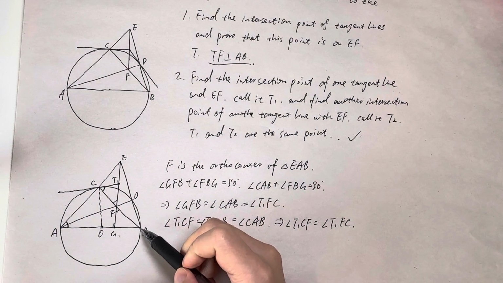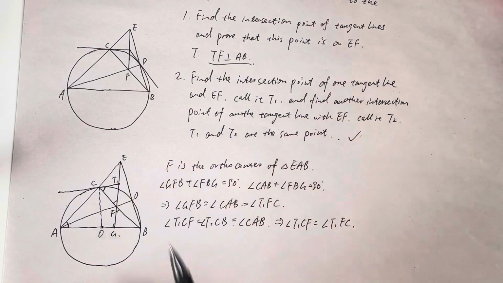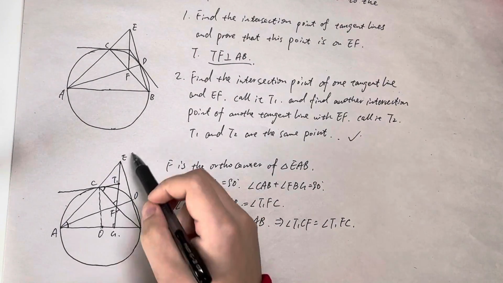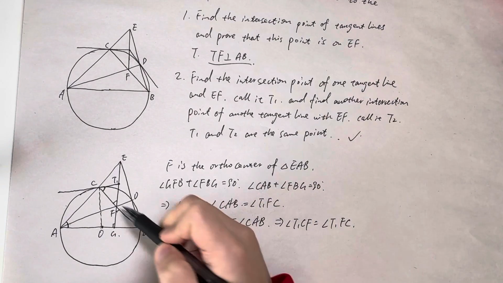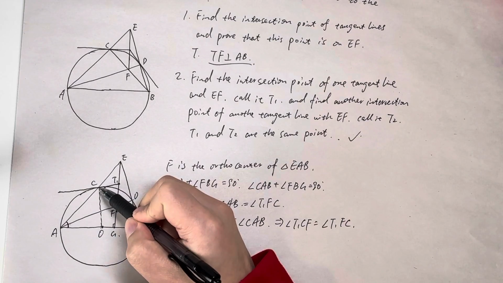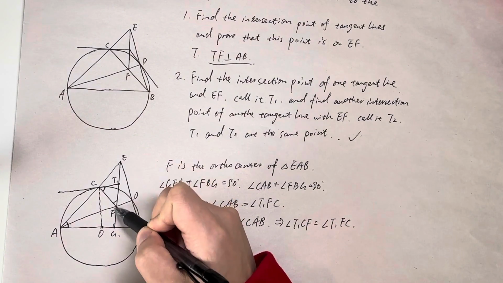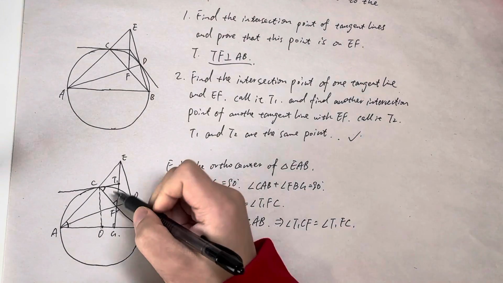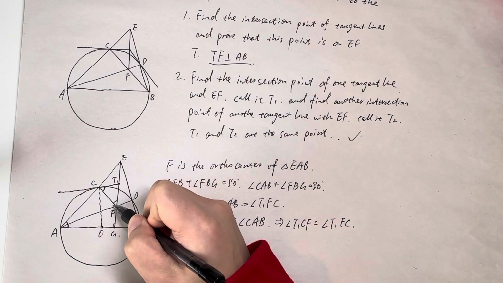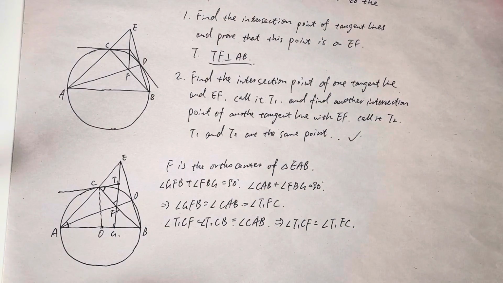And we know that angle BCE is 90 degree, right? Because BC is perpendicular to AE. So angle BCE is 90 degree. That means angle CFE plus angle CEF is 90 degree. And angle T1CF plus angle T1CE is 90 degree, right?